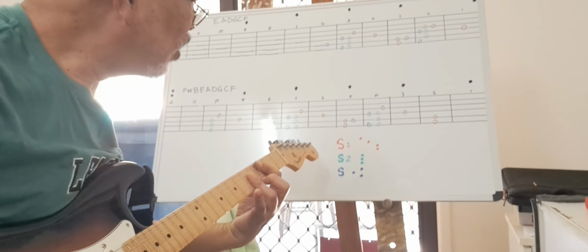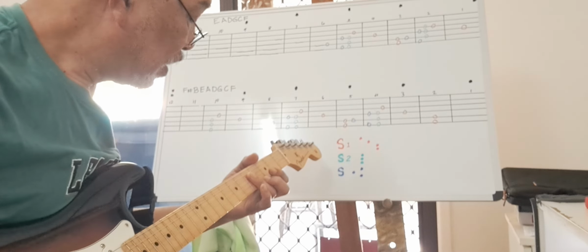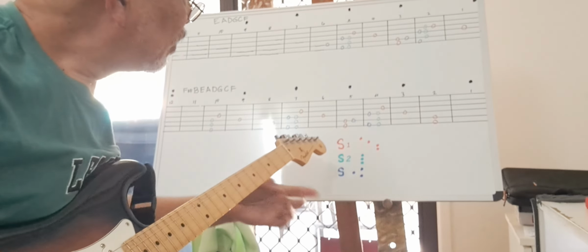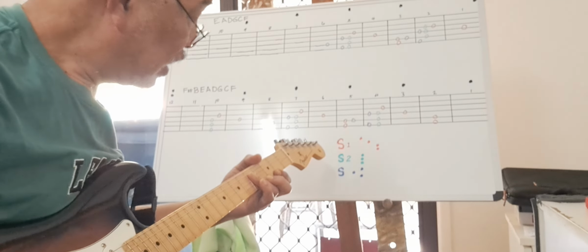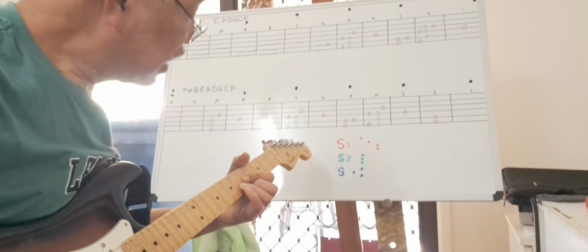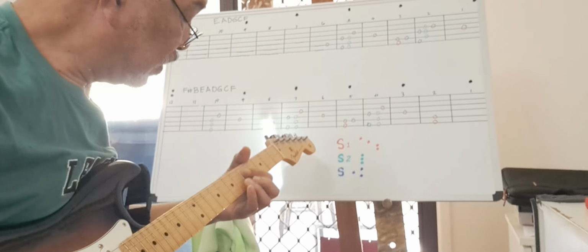After G it's actually C, and after C, following the pattern, that's shape 3, it's F. After C it's F.